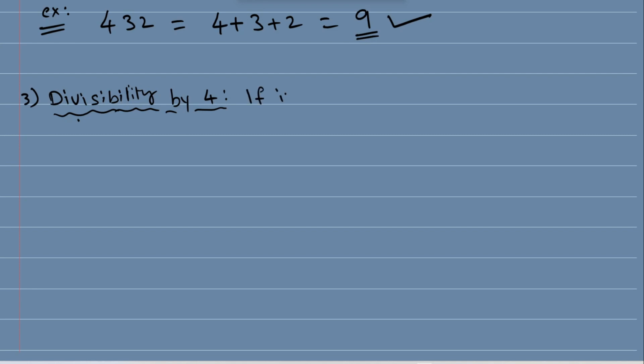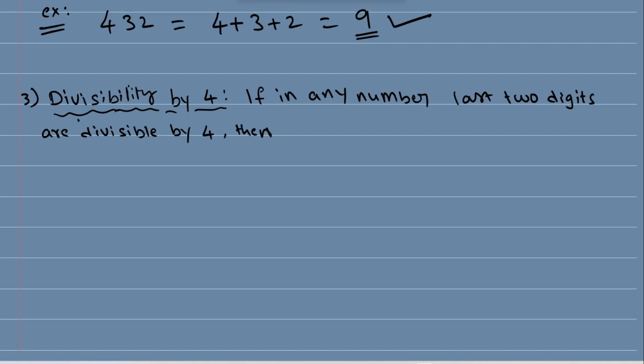If in any number the last 2 digits are divisible by 4, then the whole number will be divisible by 4. Let's take an example.